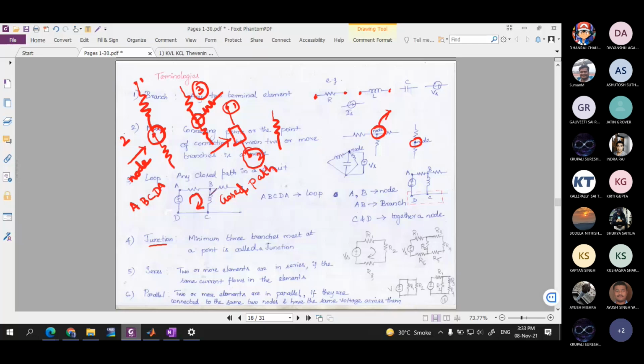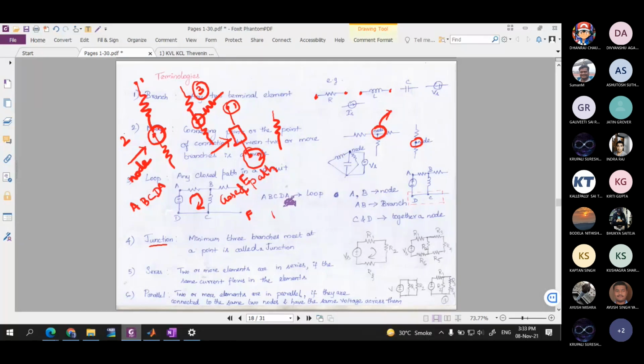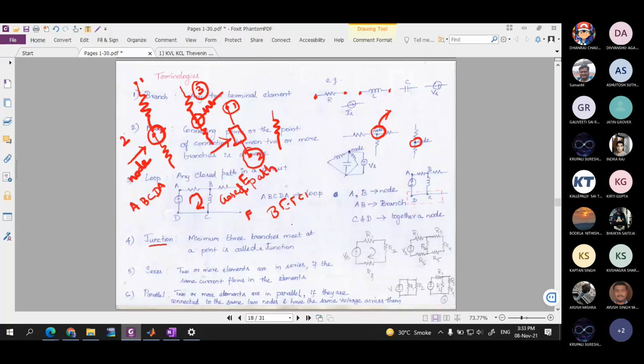Whereas for B and C, let's say this is E and F, you can consider B, E, F, C, B as an open path, or there is no path actually. So it is an open circuit. In this open circuit, you can consider that there is a resistor here and that resistance value is infinite. If R is equal to infinite, then you will consider it an open circuit. There is no current flow through that path.